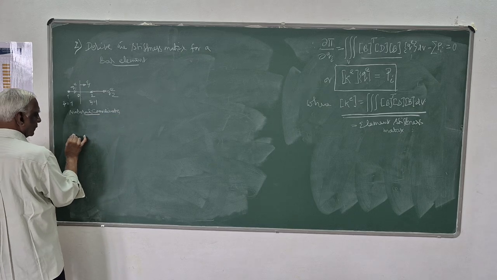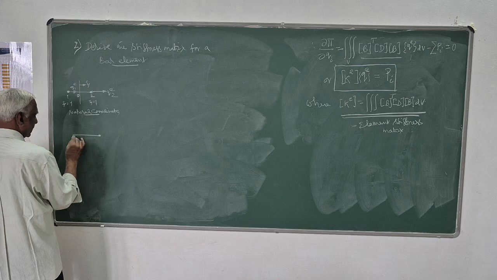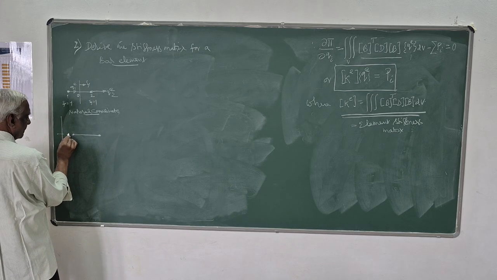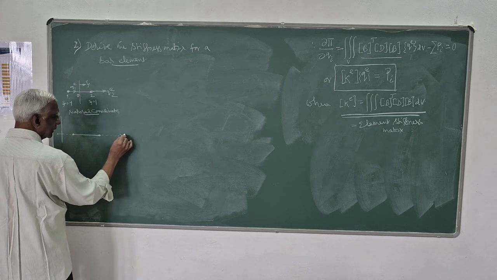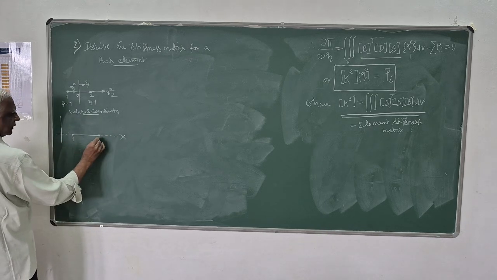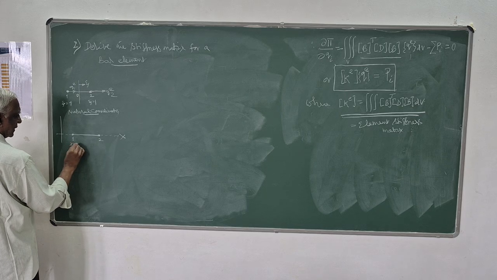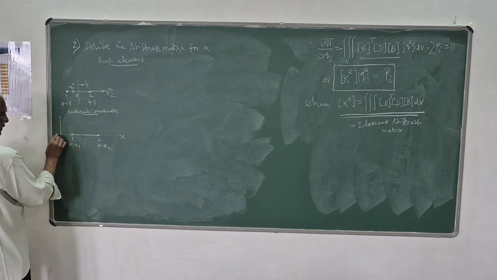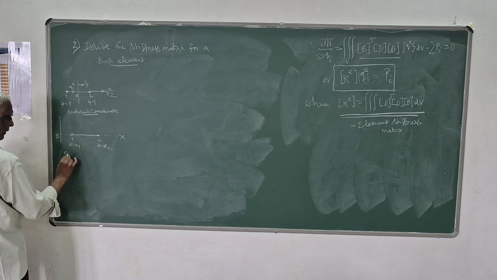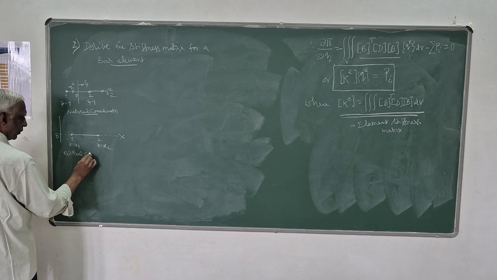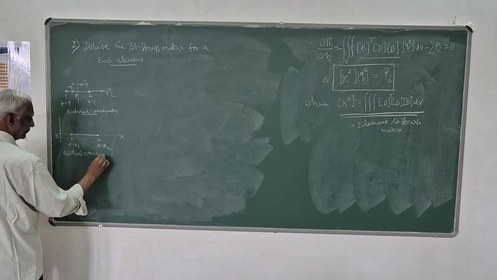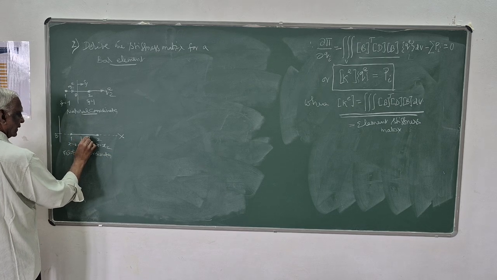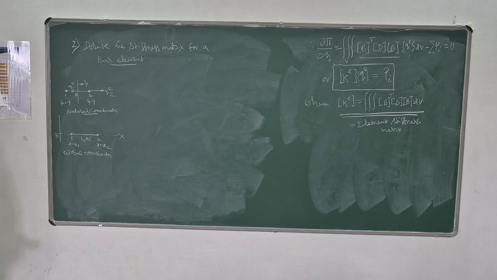The bar in global coordinates is this, where x equals x1, x equals x2. This is the global coordinates. This is length L, A, E, the axial rigidity of the bar.